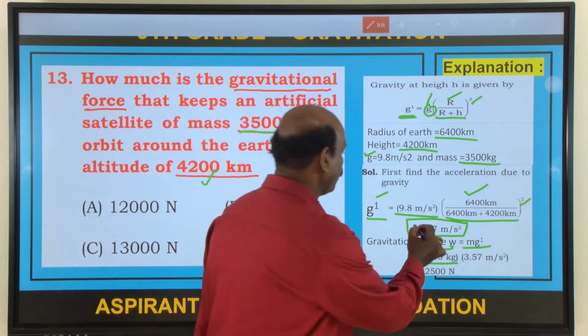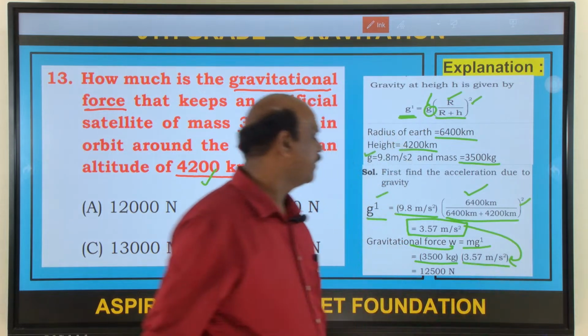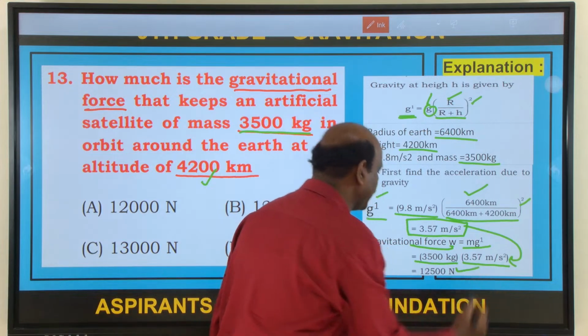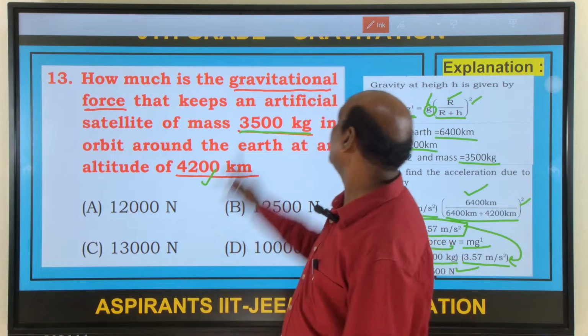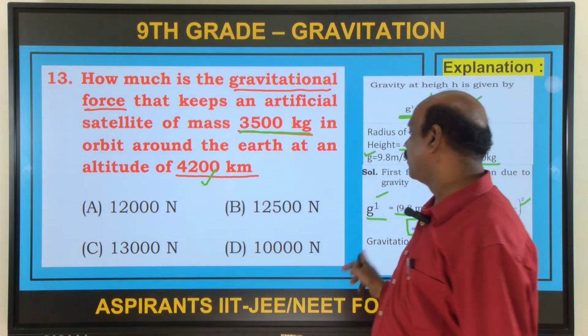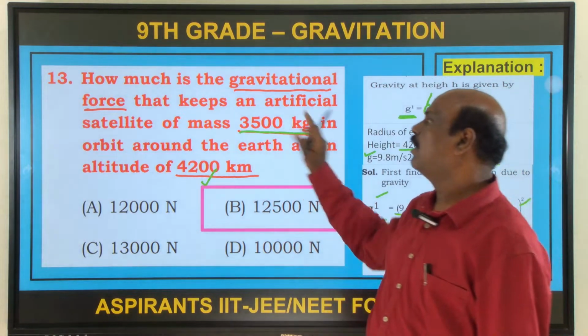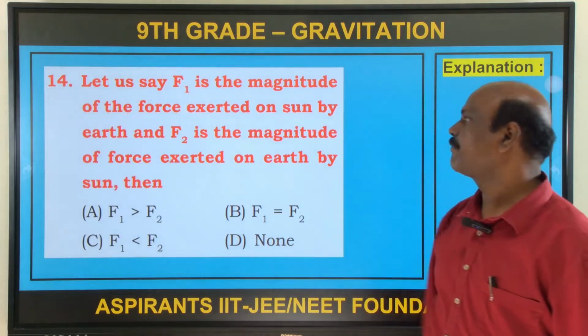And gravity we calculated is 3.57 meters per second square. When you multiply these both values, you get 12,500 newtons. So finally, the answer here is 12,500 newtons. That is the force of gravity at which the body is moving.